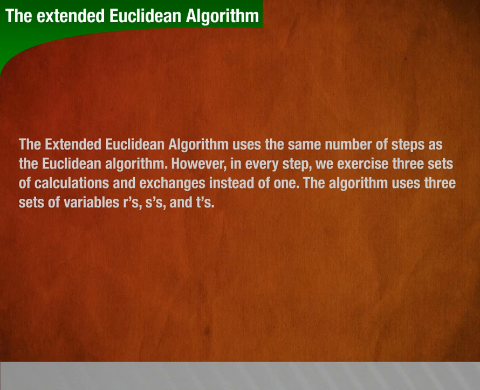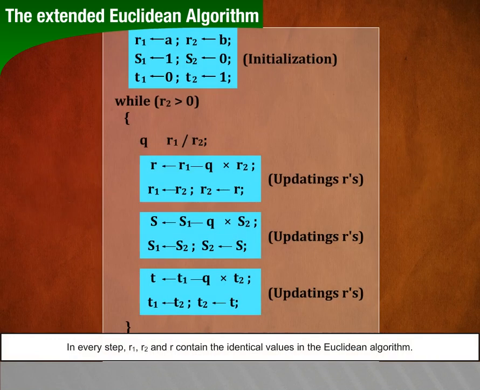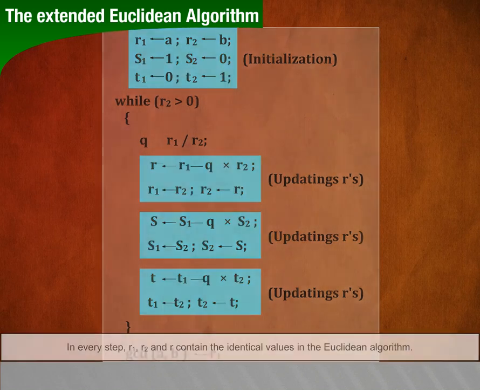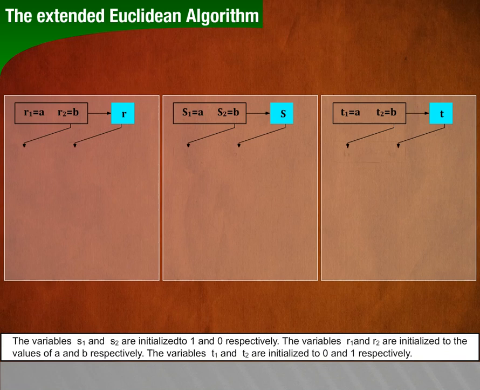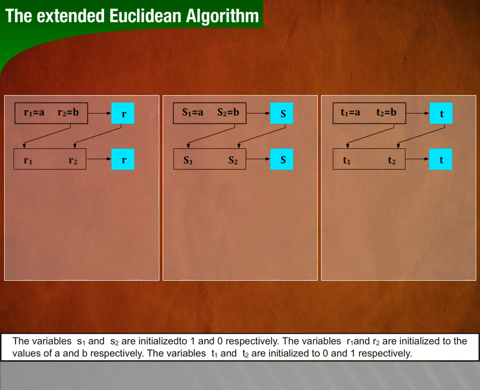R's, S's, and T's. In every step, r1, r2, and r contain the identical values as in the Euclidean algorithm. The variables s1 and s2 are initialized to 1 and 0 respectively. The variables r1 and r2 are initialized to the values of a and b respectively.